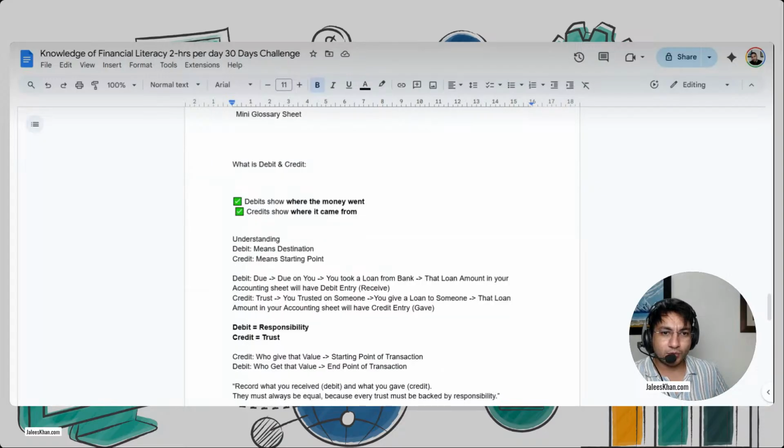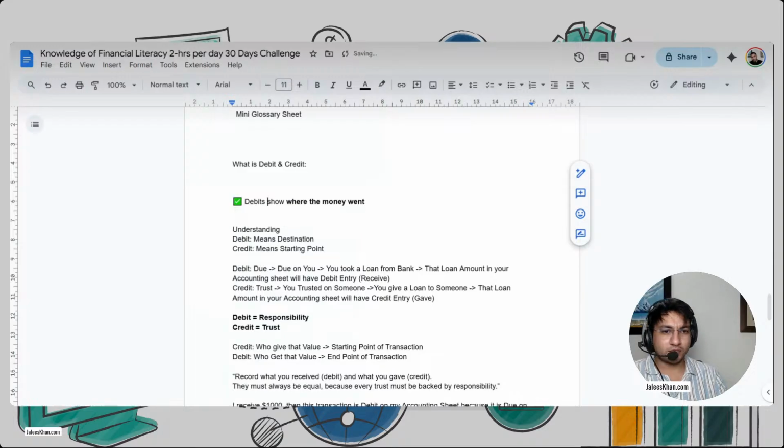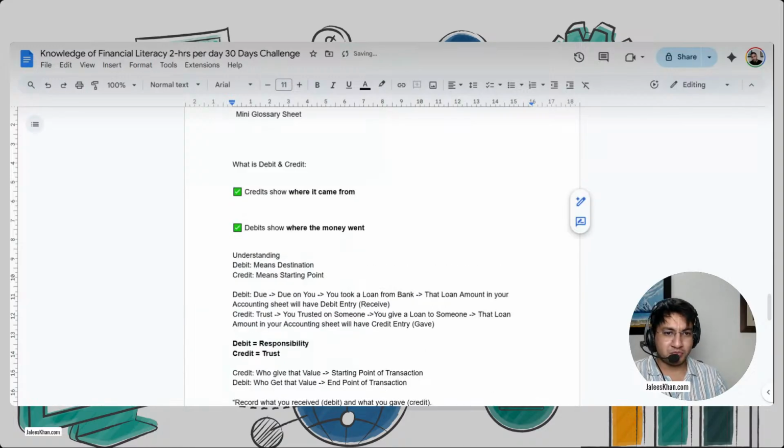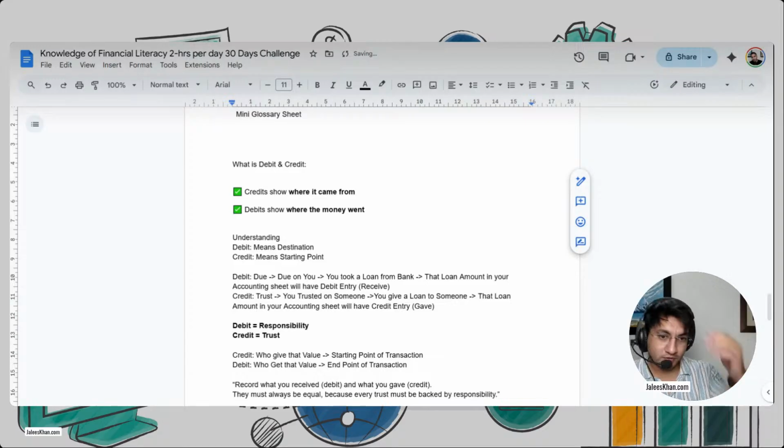Vocabulary. So what's debit? That's the initial point of the transaction, from where the, no, sorry, debit is the end point of the transaction, and credit is the initial point of the transaction. So it's like this way, good for understanding.